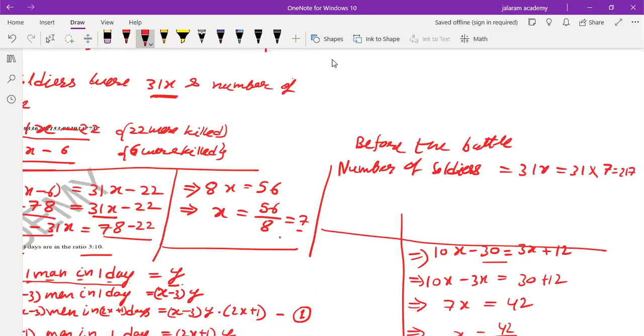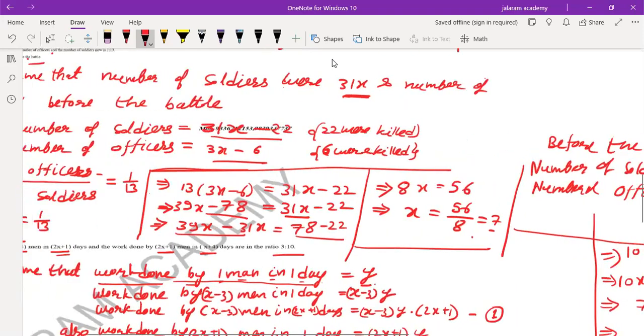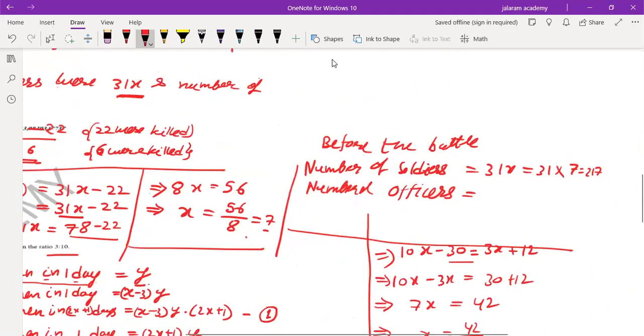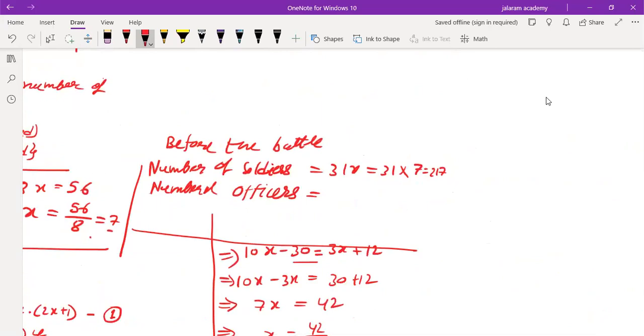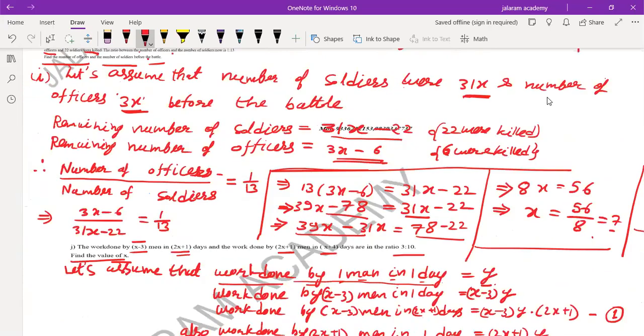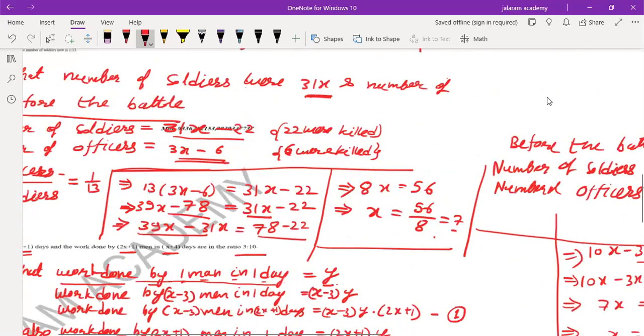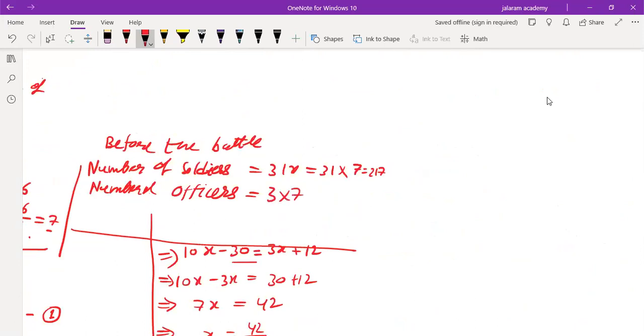That is 217. And the number of officers 3x minus 6, sorry, 3x only. Before the battle, there were 3x only. So we can write 3 into 7, 3 sevens are 21. So before the battle, there were 217 soldiers and 21 officers.